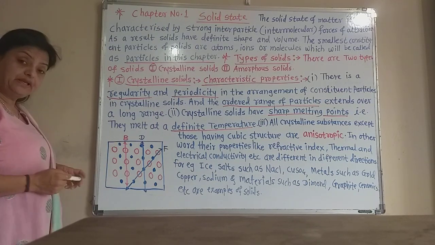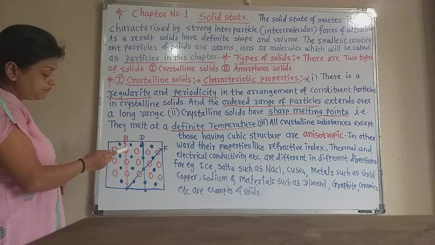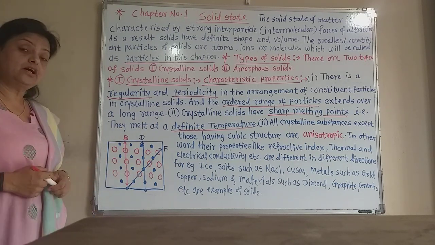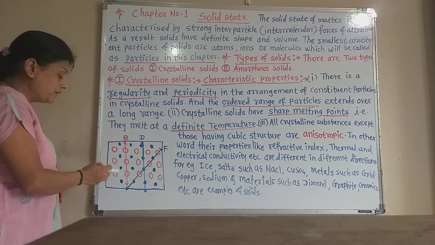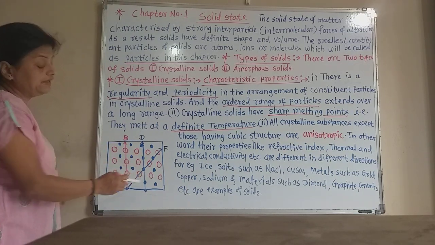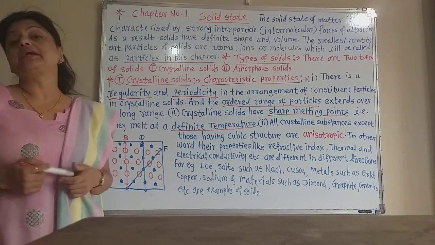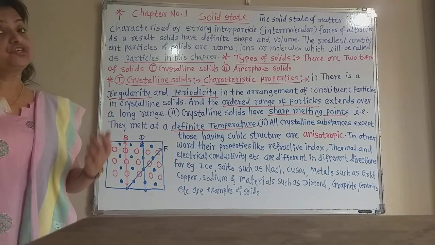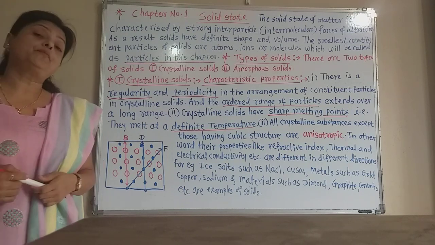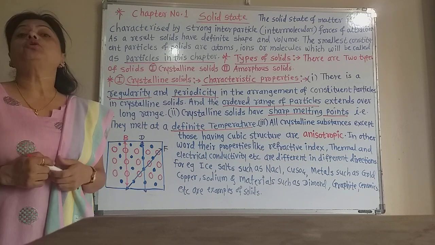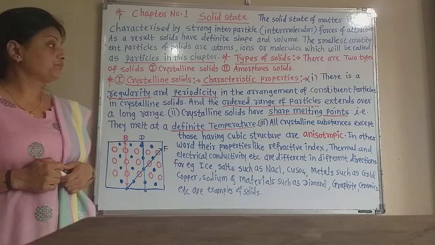Now in this figure, these red particles are in a definite arrangement, and again the blue particles are also in a definite arrangement. Such regularity and periodicity of the particles is present in the crystalline solid. But in an amorphous solid, such regularity of arrangement of the particles is not there.